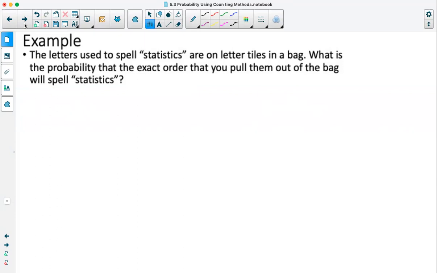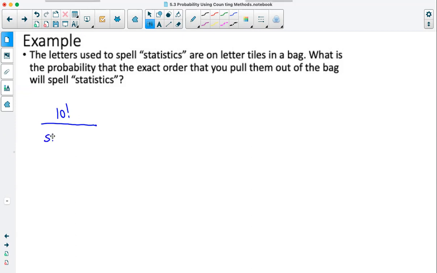So if we look back at chapter 4 about how to find the different permutations when we've got repeating objects, we take our total amount of objects, which in this case is 1, 2, 3, 4, 5, 6, 7, 8, 9, 10. So we've got 10 factorial divided by the amount of any repeating one. So for example, for S, we've got 3 S's.